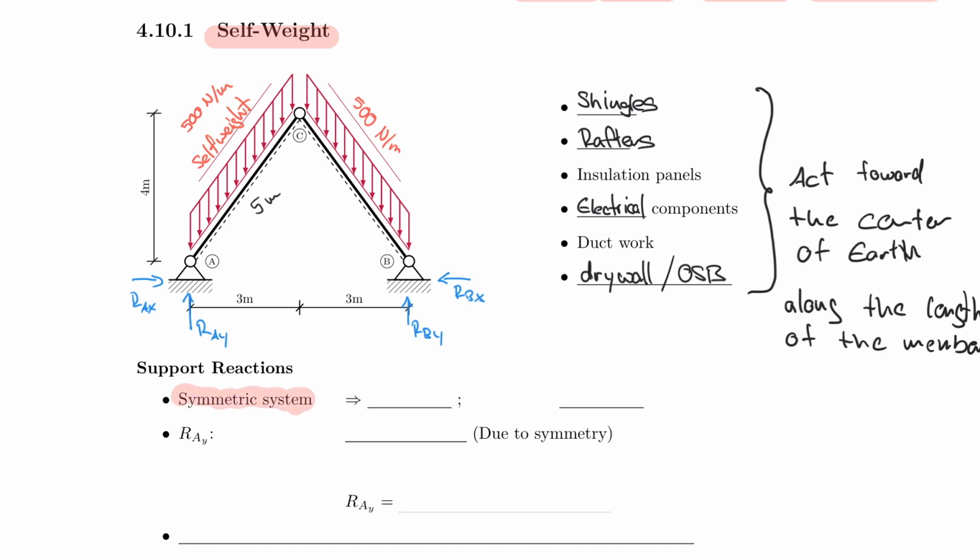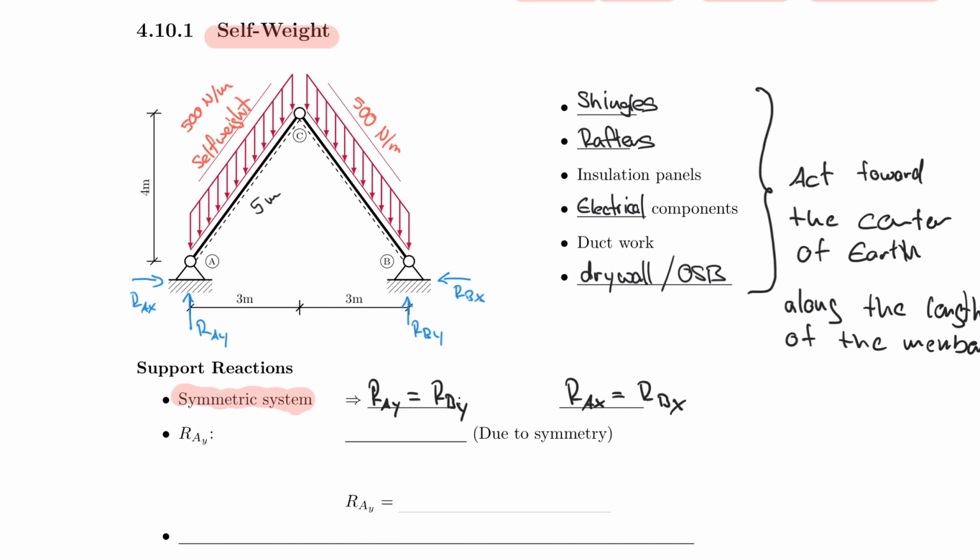Because we have a symmetric system, we know that RAY must be equal to RBY. That is one condition that we can take from the symmetry. Similarly, we can say that RAX is equal to RBX.